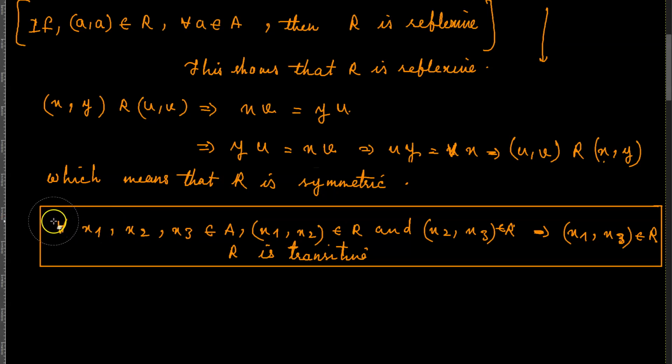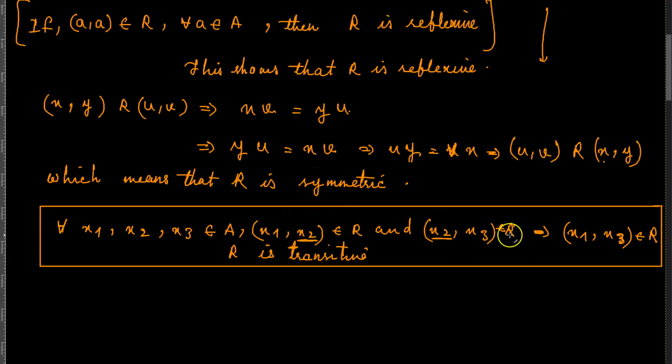The transitive part means that normally, for showing that a relation is transitive, you can say that for every x1, x2, x3 belonging to A, (x1, x2) belongs to R and (x2, x3) belongs to R, meaning that this x2 is common between the two ordered pairs.